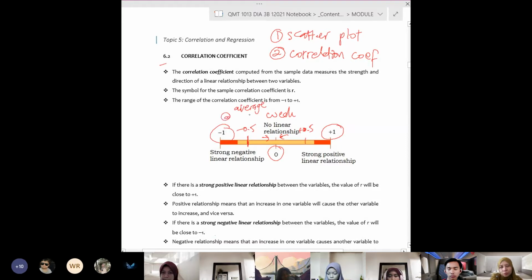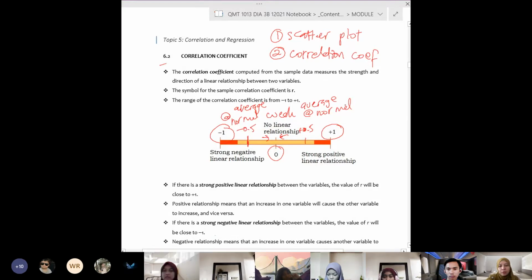The same goes for positive values. If you get a negative value, the relationship is a negative relationship. If you get a positive value, you are having a positive relationship. Positive relationship means increasing to the right. Negative relationship means decreasing to the right.